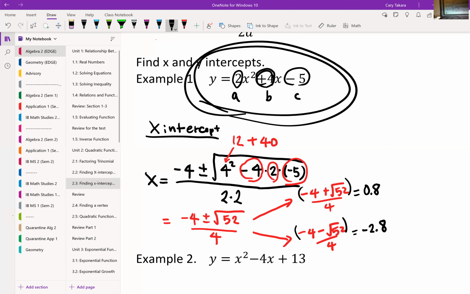Did anybody get negative 5.8? So you don't want to do that, okay? You first have to evaluate all the numerator, negative 4 plus or minus square root of 52, press enter, and then divide by 4. Then you will get the right answer.